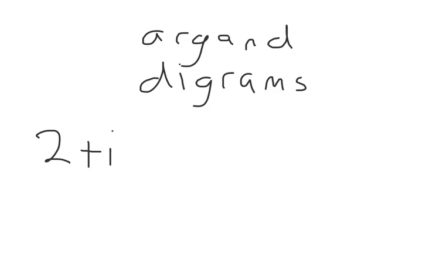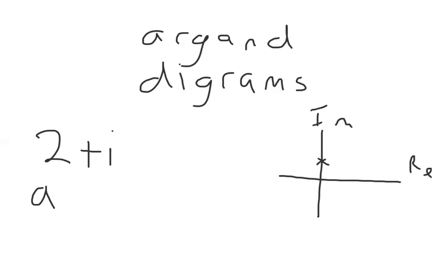We know that 2 is the same as a, and i is the same as b, and the coefficient in front of i is a 1. So we have 1 and 2. So we have 2 on the x, on the real, and on the imaginary we have 1. So 2 and 1, and then we draw that line, and that is called a half line.